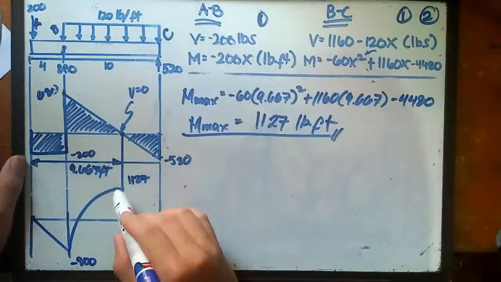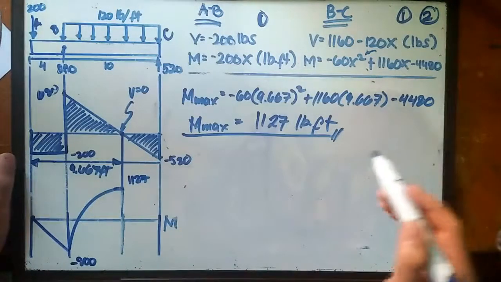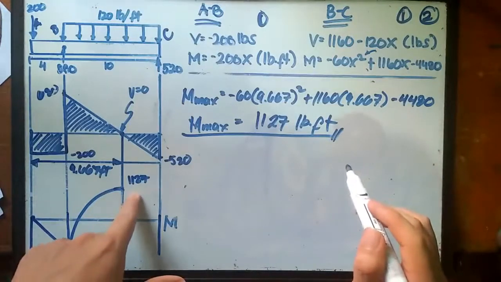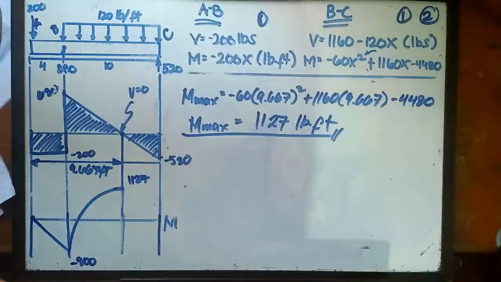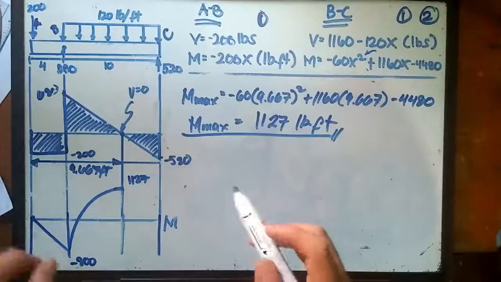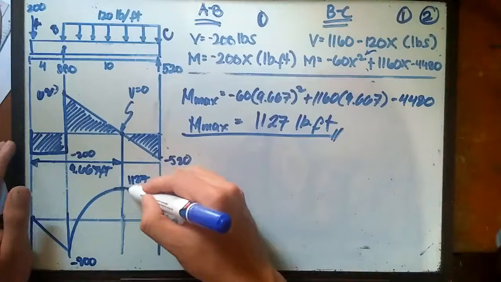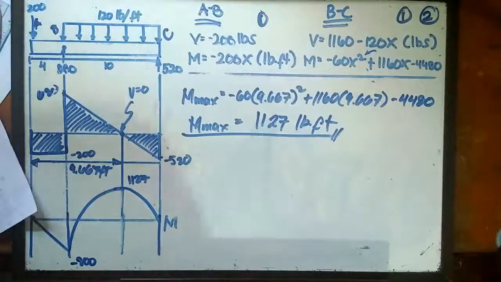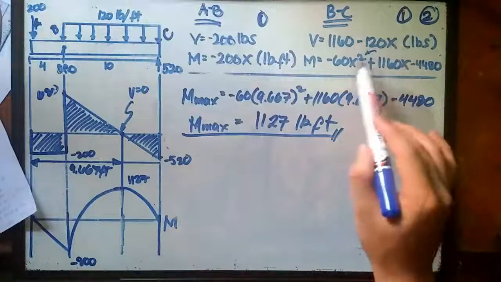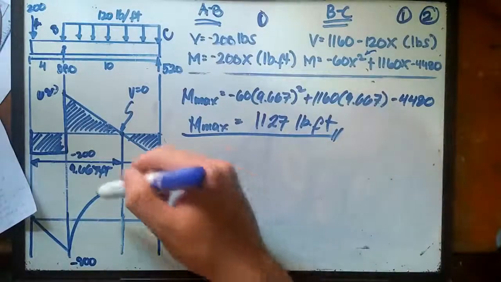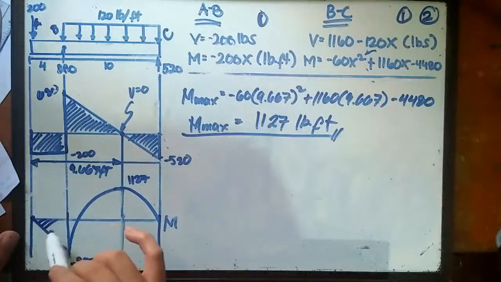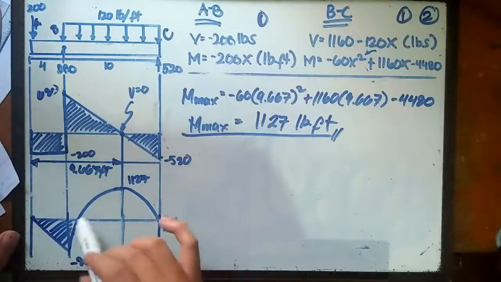Okay, this one. And the next step is, since we arrive at 1127 pound-foot, to simply go back to 0. Because the degree of power of this equation is second, that's why it's still parabolic. So this one is the bending moment diagram.